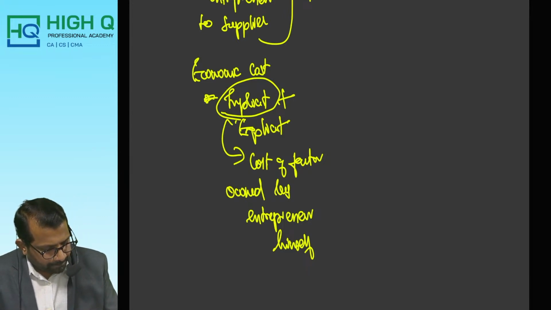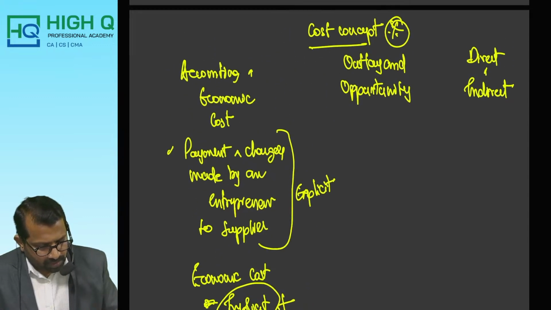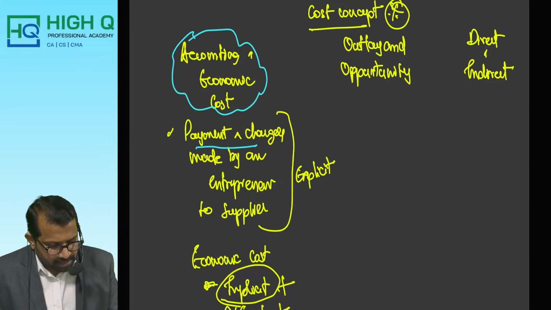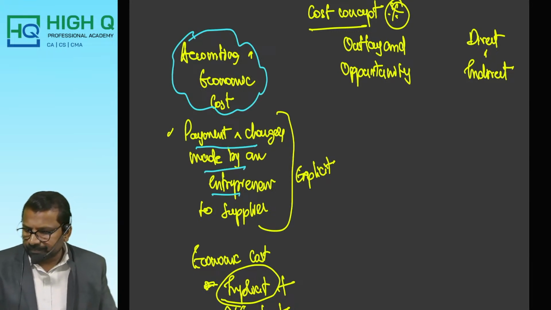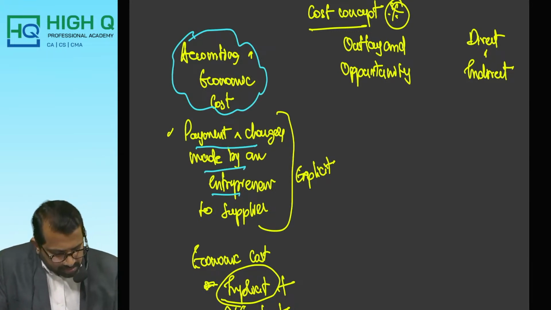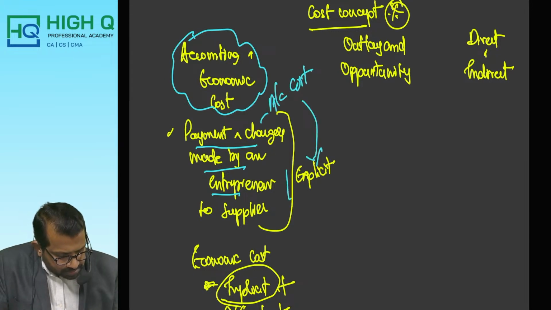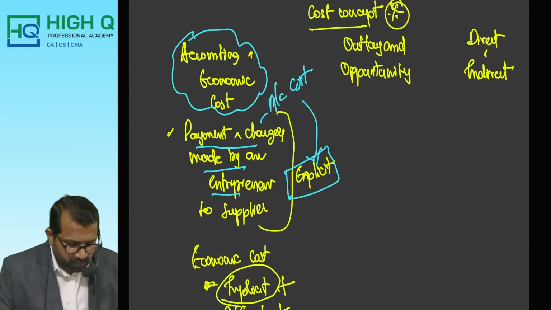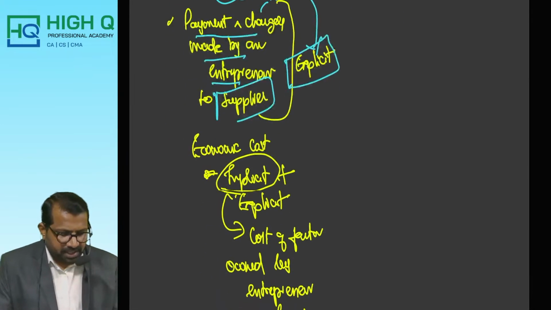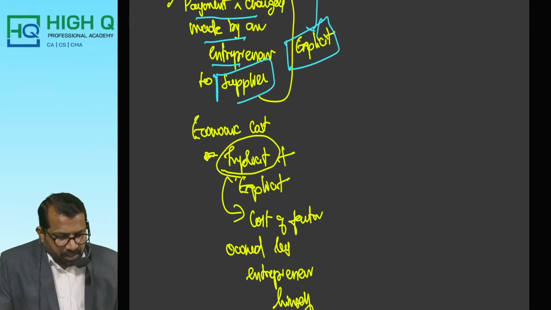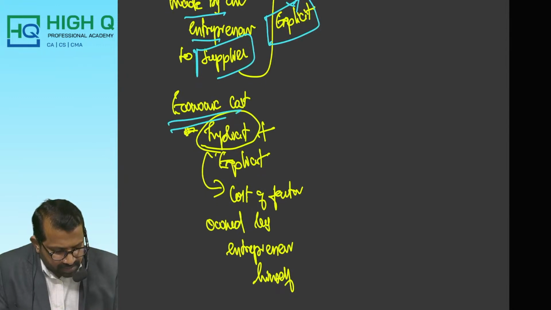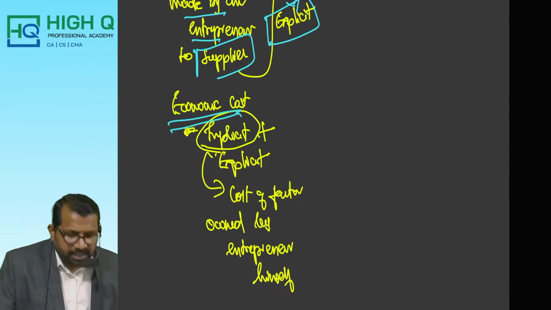So here, the first one deals with accounting and economic cost. Payment and charges made by an entrepreneur is called accounting cost, also called explicit cost, made to the supplier, which represents explicit. But another cost is there, economic cost, which represents both implicit and explicit.